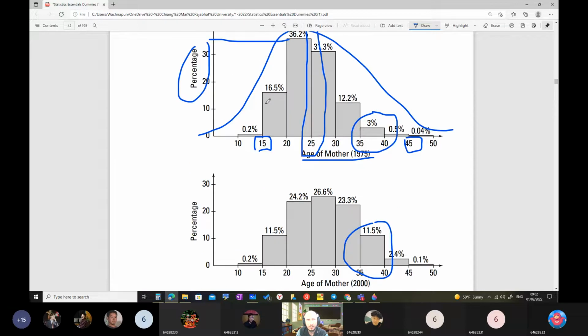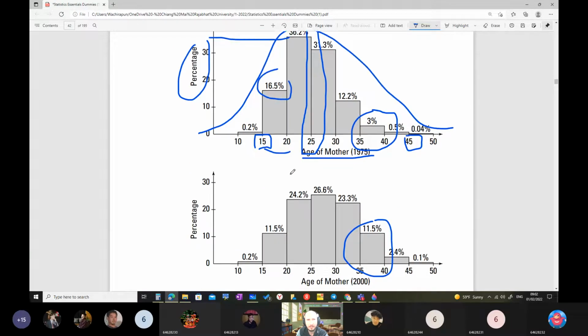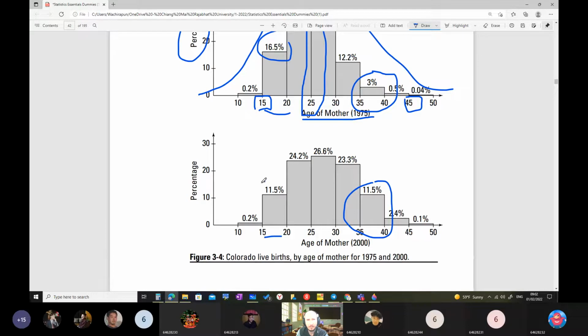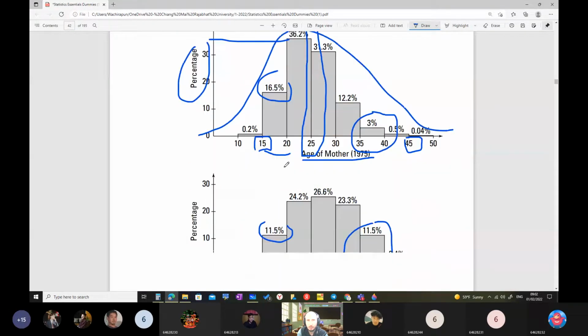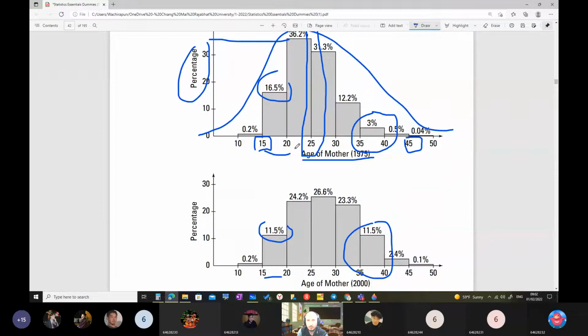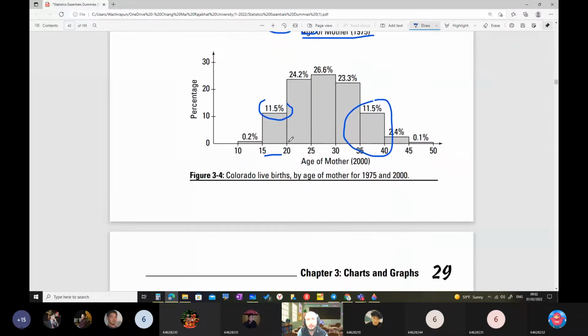But before, between 15 and 20, 16% had kids. Now from 15 to 20, 11. So now it means women don't have kids when they're very young. More people have kids when they're older. Okay, so this is what this shows us, and then we can discuss why it happened.